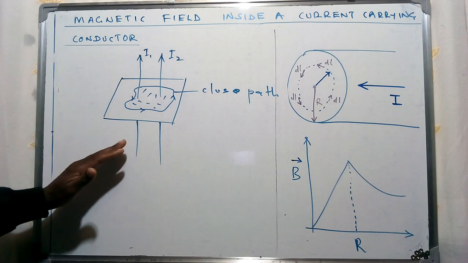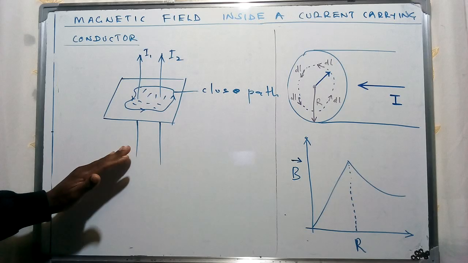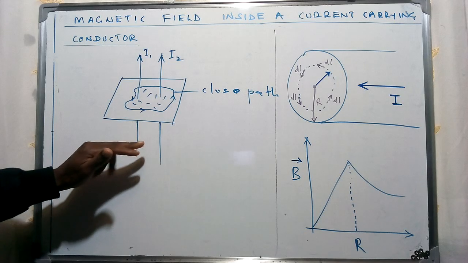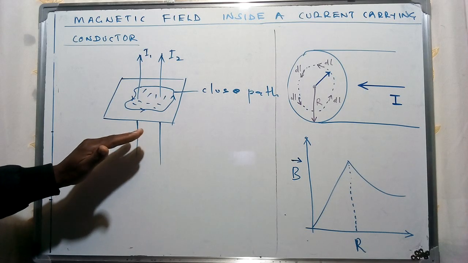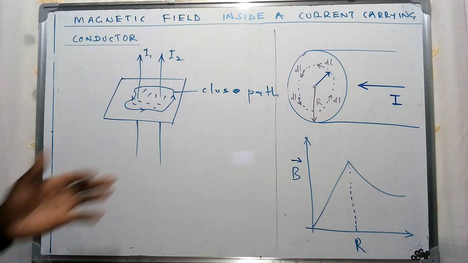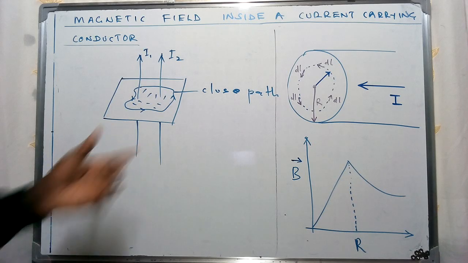We considered this part, and we said that if this closed path has a current around it, we can imagine that this part is made up of short segments.